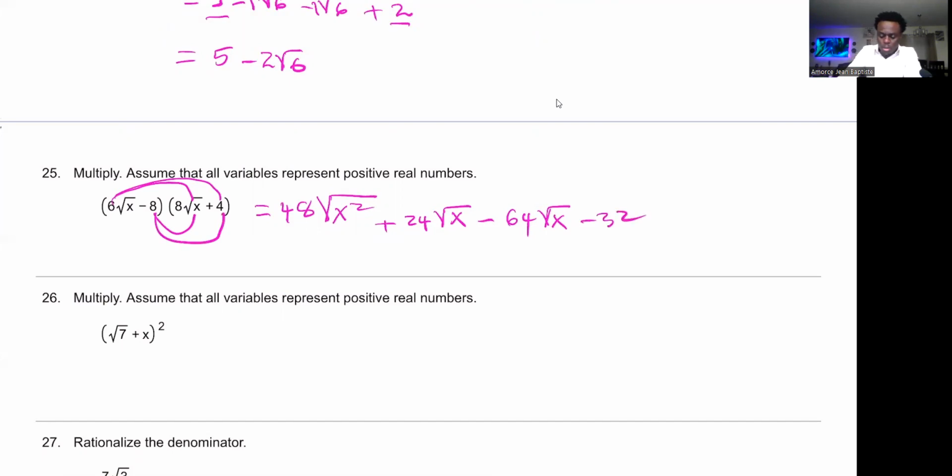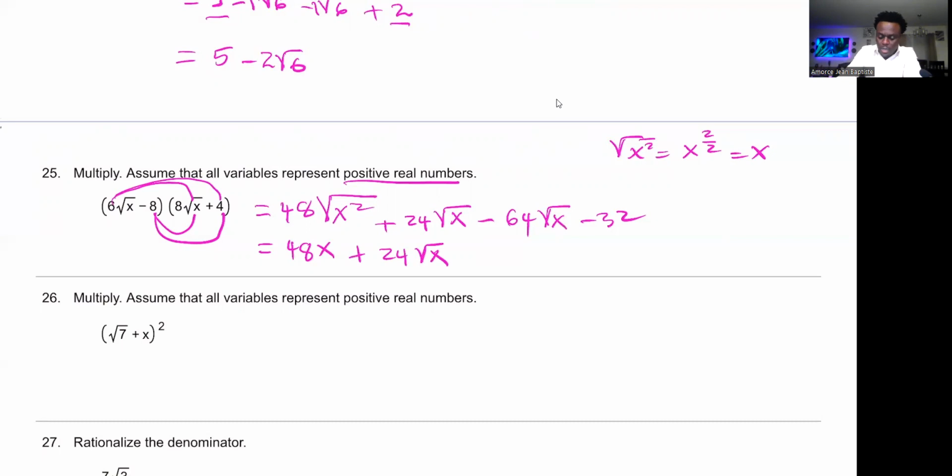Let's combine our terms and simplify. 48, x square root of x is x squared, x exponent 2 over 2 is x, knowing that x is positive, they said it here. So x, and then plus 24 square root of x.